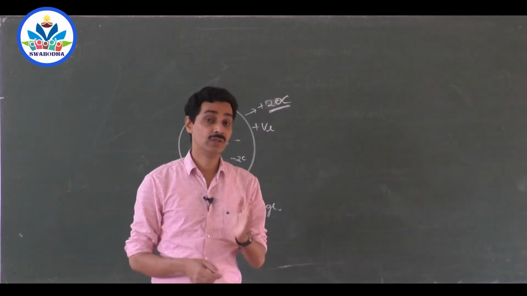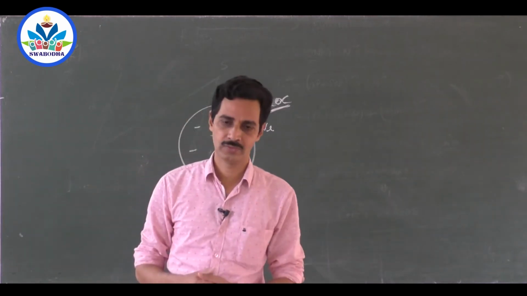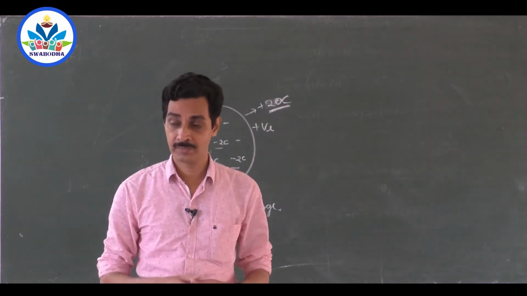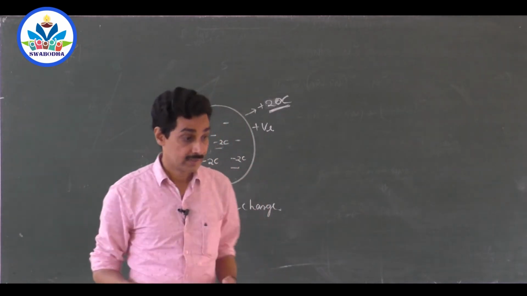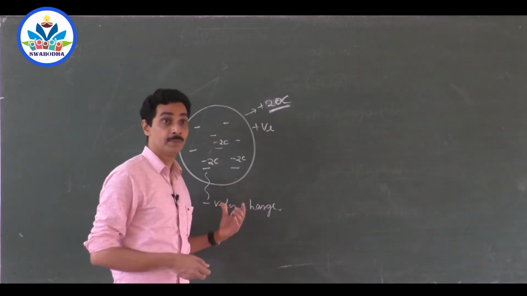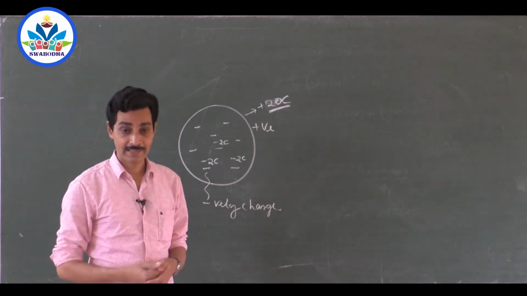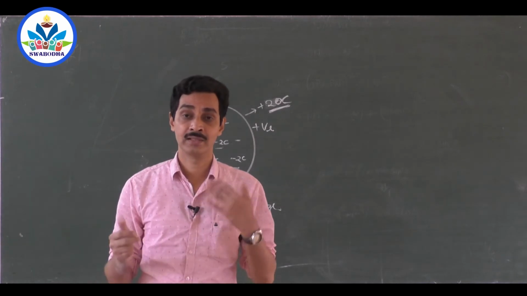Until then, the word nucleus was not coined. Nobody used the word nucleus, because the people had no idea of the structure of the atom, very similar to the structure of the solar system. And the first person to think about this was Rutherford and his students, his followers, assistants, Geiger and Marsden.